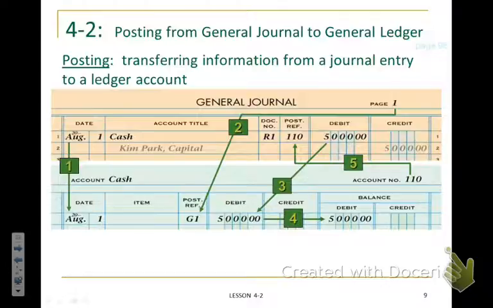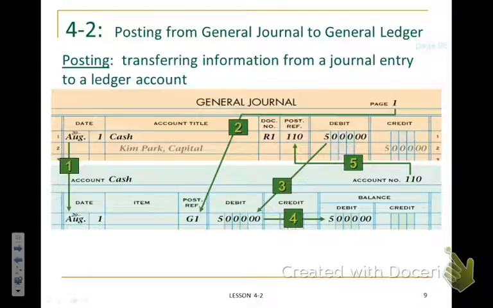Okay? And this post-referencing here of the account number back to the journal tells us where we posted it. So if we made a mistake and we accidentally posted this to a different account, we could very easily know where we posted it to because we would have that post-reference number there. Same thing here. If we did something wrong with this posting of this entry, we can know where we got this entry from because we would know that we got it on General Journal, page 1, on the date of August 1st.